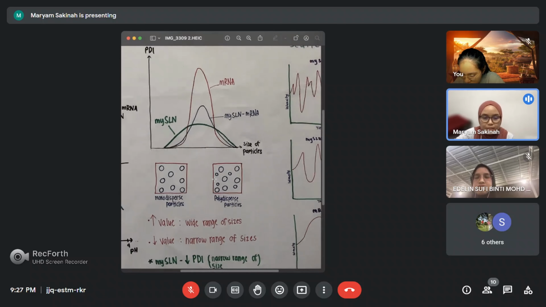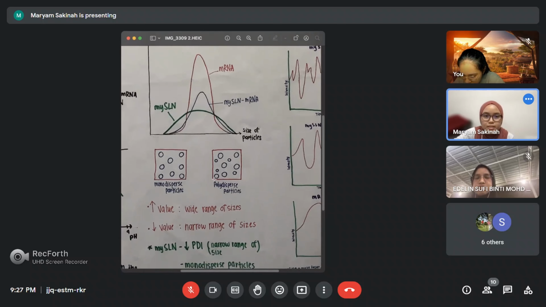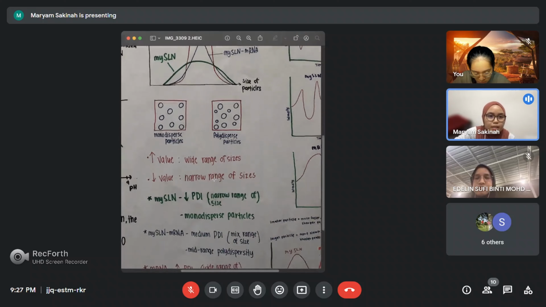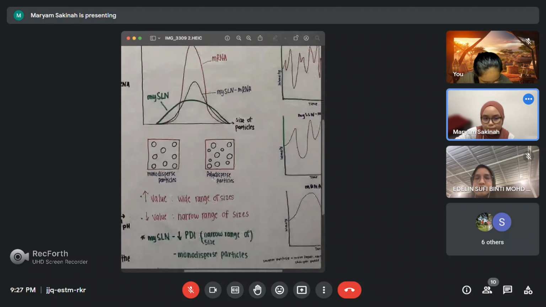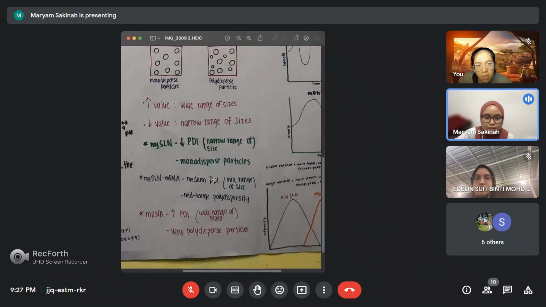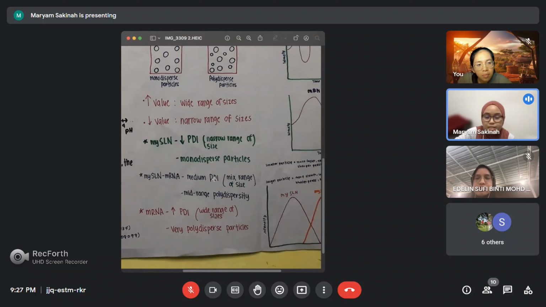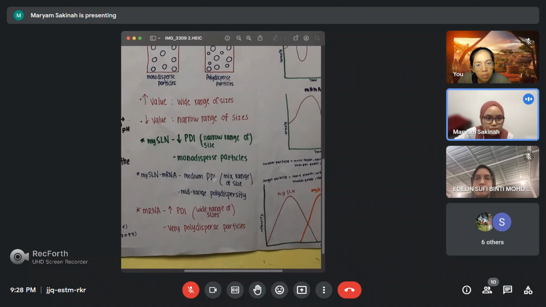But mRNA particles are the biggest particles inside the substance, and they have the highest value of PDI, as the explanations below have mentioned, but I will just repeat the explanations.